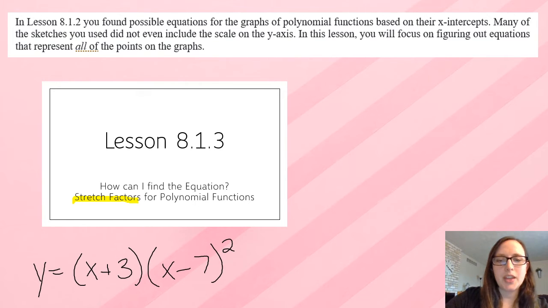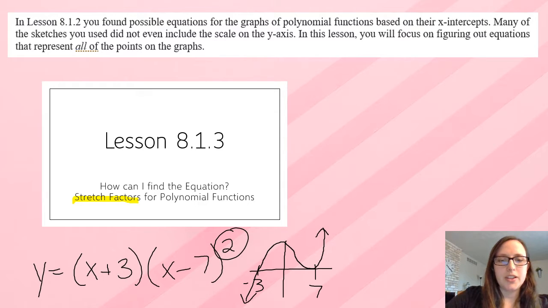That tells us that our graph has an x-intercept at -3 and an x-intercept at +7. So remember, insiders lie. And so it goes through -3, but then it bounces at +7 since it has that exponent right there.